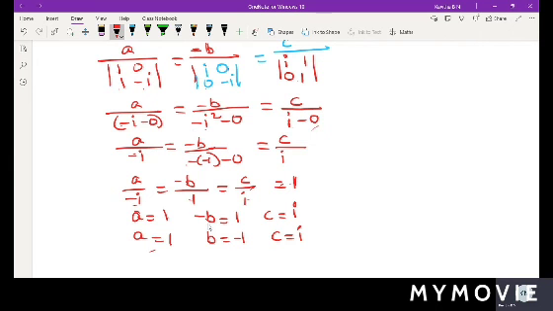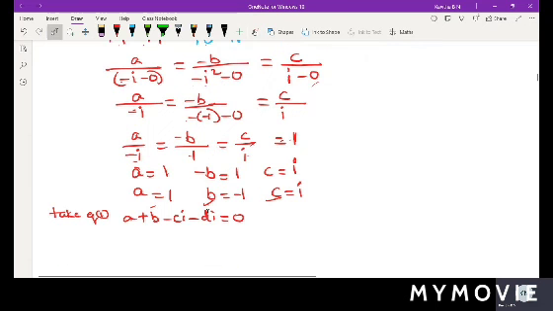Then we know the a value, b value and c value. We need to find the d value also. Take down the first equation: a plus b minus ci minus di is equal to 0.